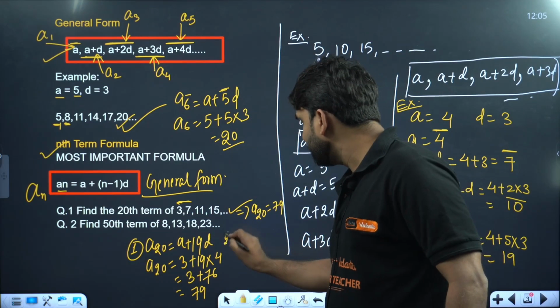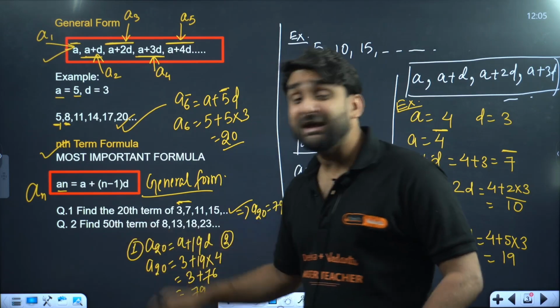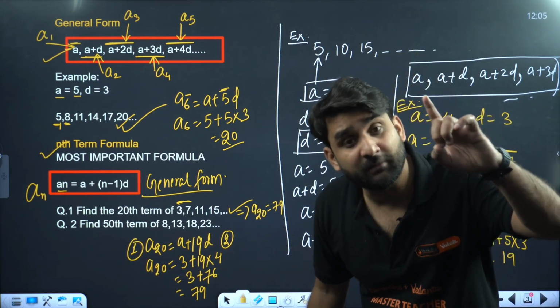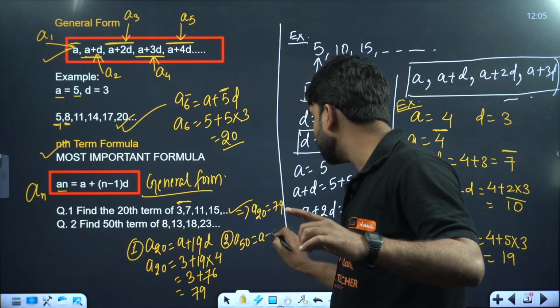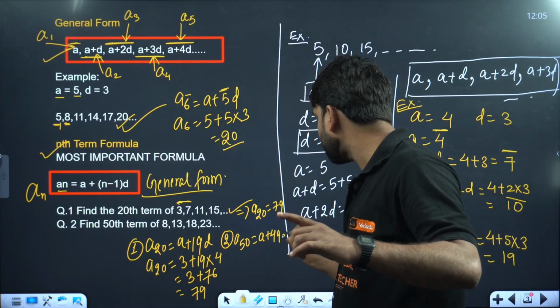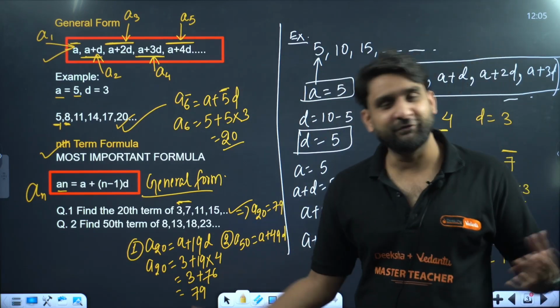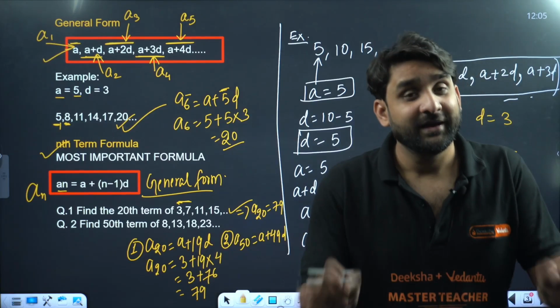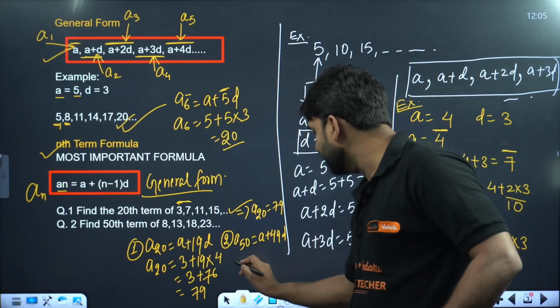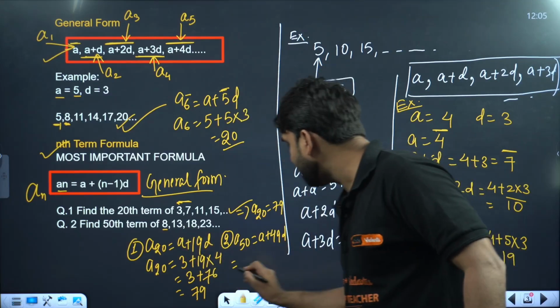Similarly, find the 50th term. I am doing the second question here. Come on, the 50th term. We can directly write the formula now, because you have become an expert. For the 50th term, the formula will look like A plus 49D. Now put the values. Where is A? A is 8, the first term.